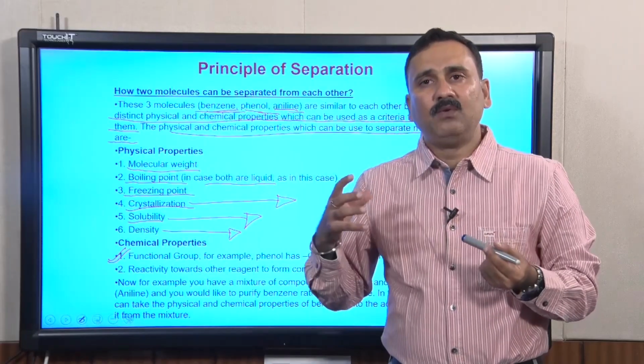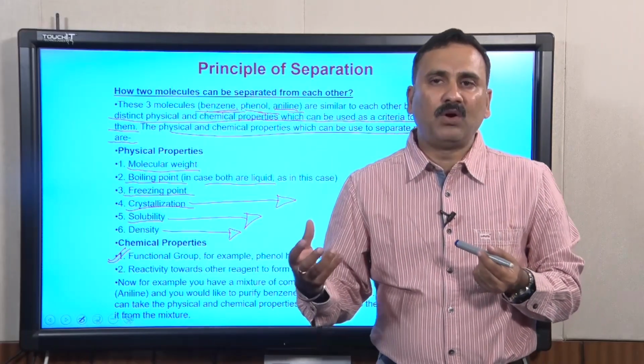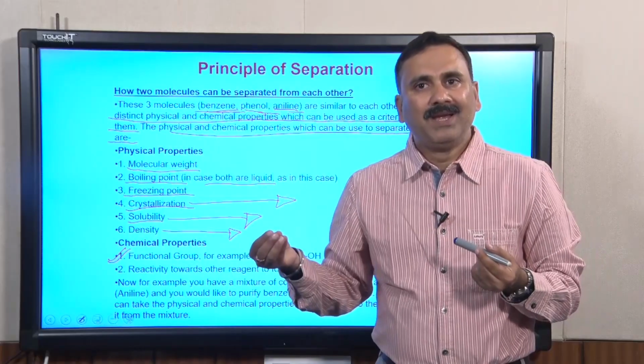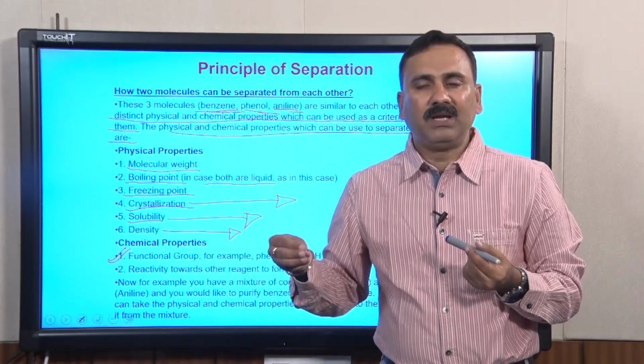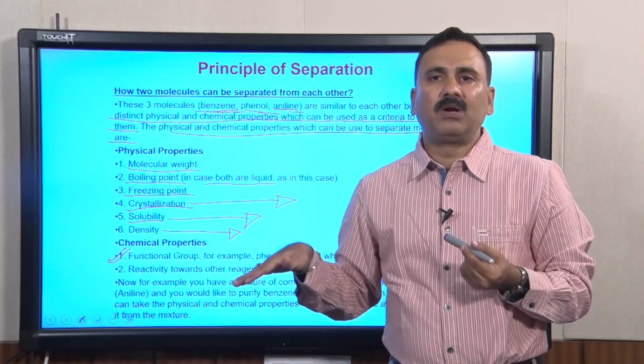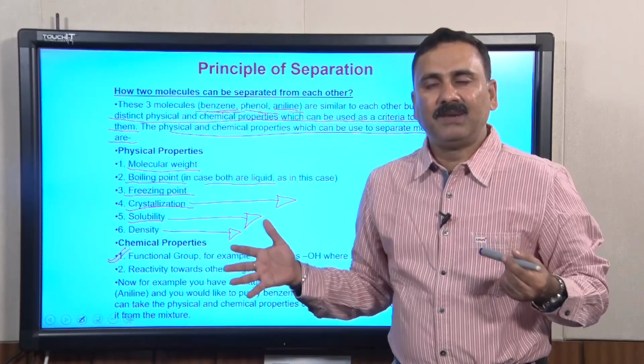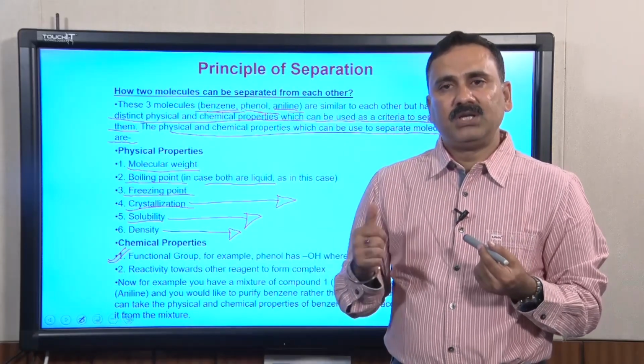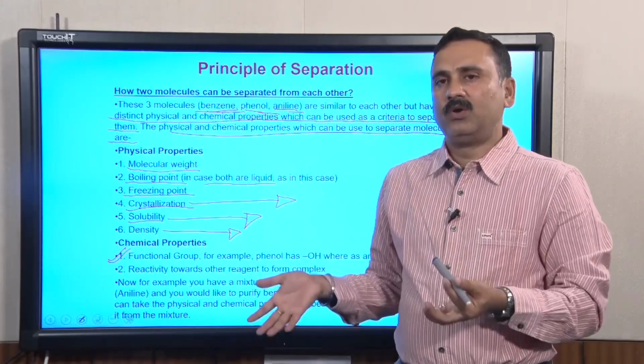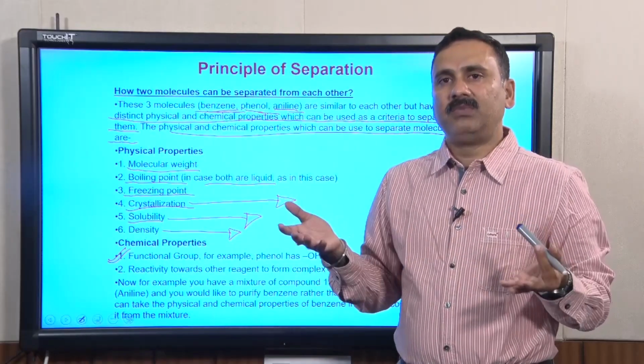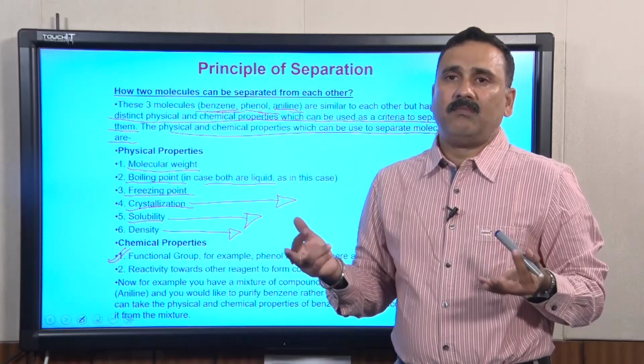For example, if you make a complex of some compound that reduces its solubility, then that compound is going to be precipitated if you add that reagent, and the other two molecules are going to remain in the solution, and that is how you can purify the remaining compounds.